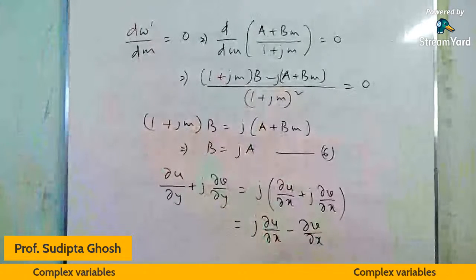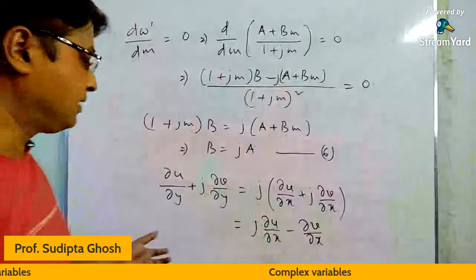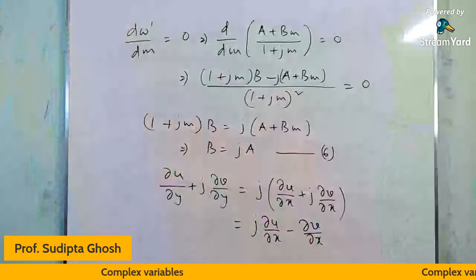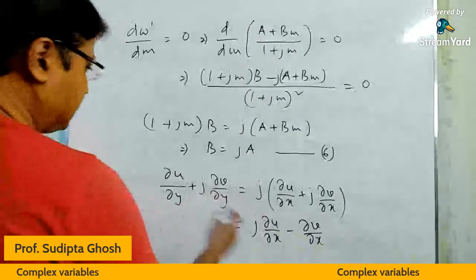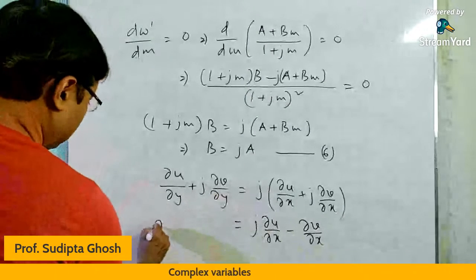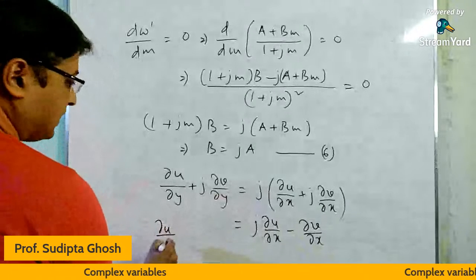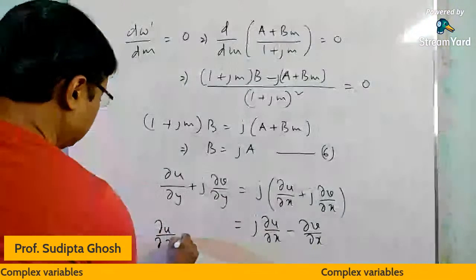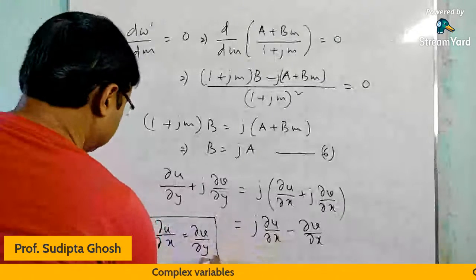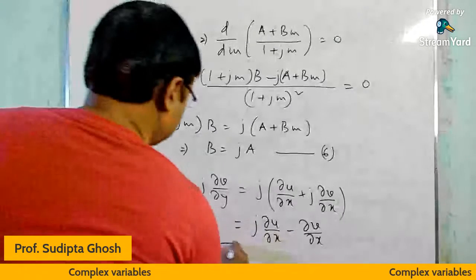Now I can equate the real and the imaginary parts from both sides. By equating the imaginary parts, I get del u del x equals del v del y. So this is equation 7.